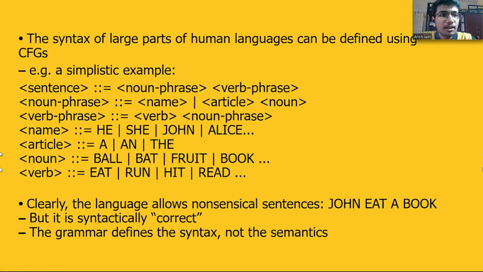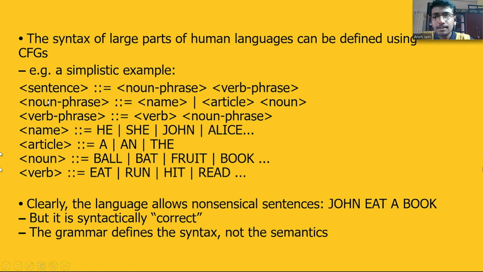Here we need to notice that it's an AND operation, not an OR operation, which means that a sentence has to be built up with a noun phrase and a verb phrase. There's no choice between that. Coming to the noun phrase, it can be made up of a noun or of an article and a noun, which means an article is followed by a noun. And the verb phrase is made up of a verb and a noun.